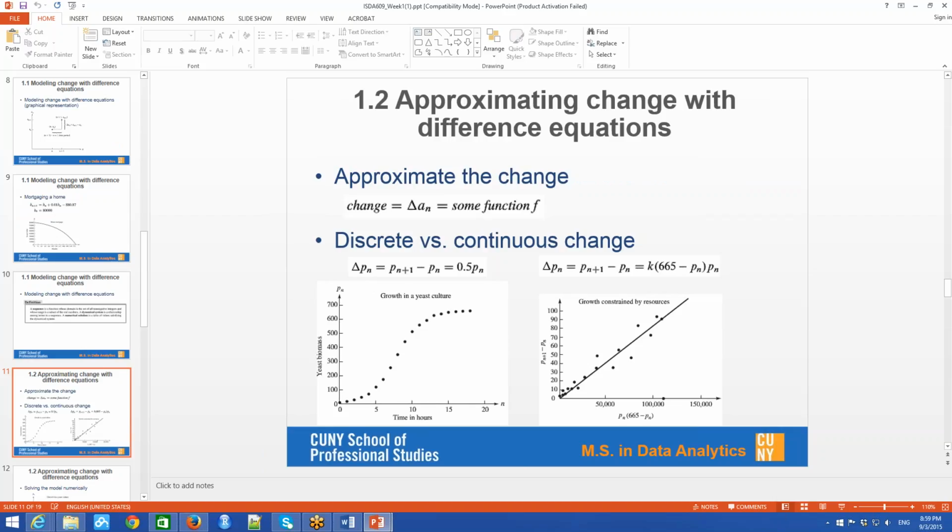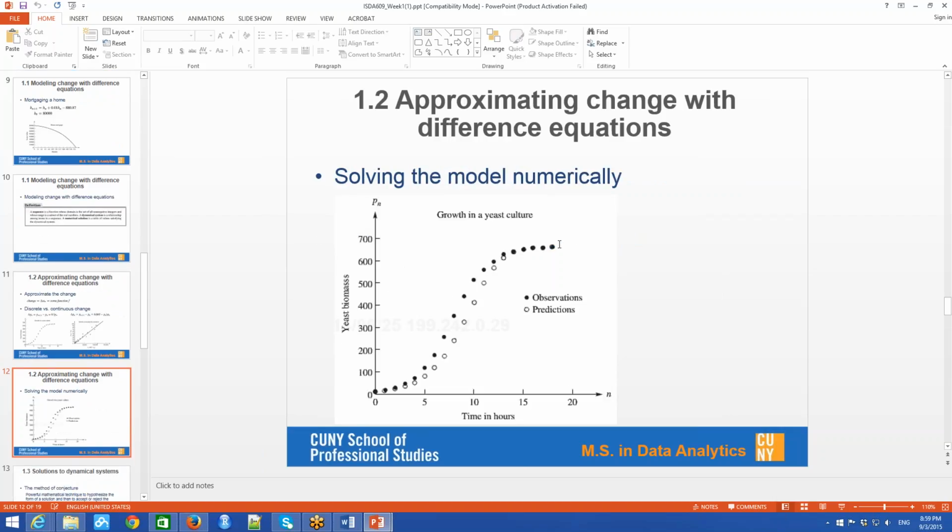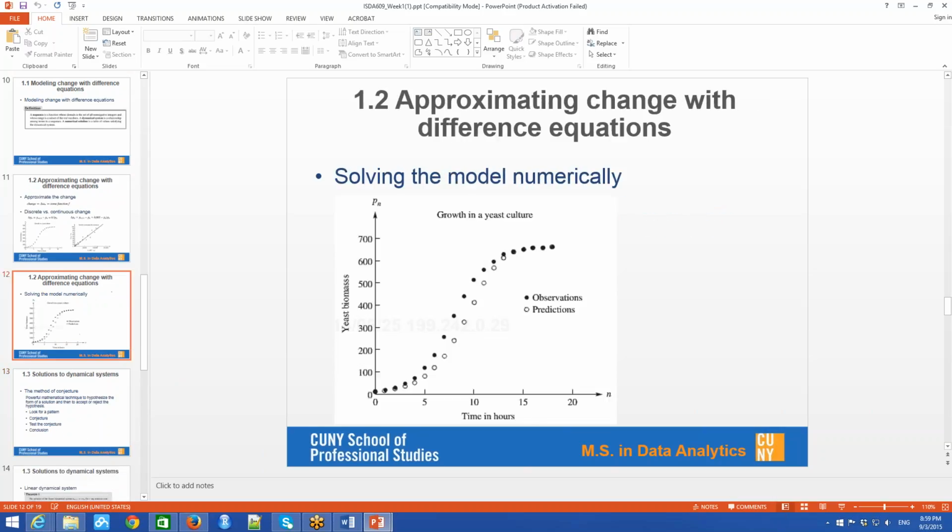It's discrete versus continuous change. That's 2 types of problems there, and how to solve them numerically. That's the whole purpose of building a model. So observation versus prediction. If we really can do this well, it's not bad. Although if it's consistently lower, sometimes we would think that the model itself has under-projection bias. We would try to figure out what the problem is, why it happened.